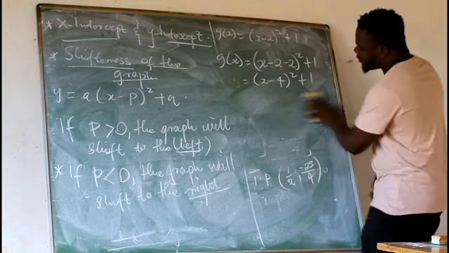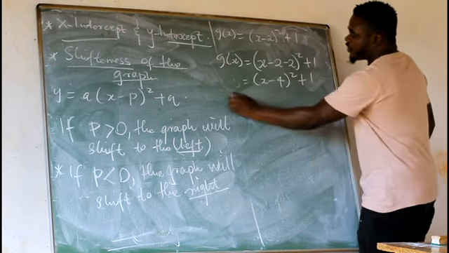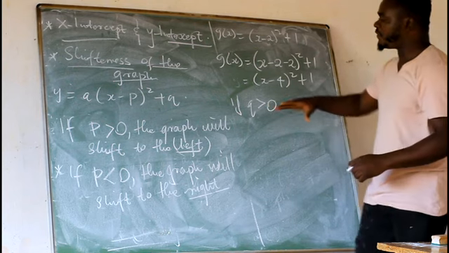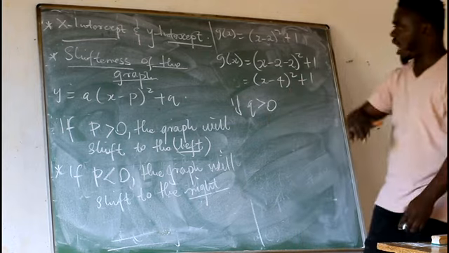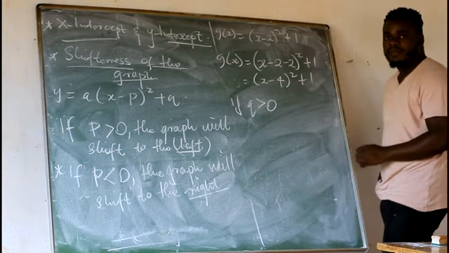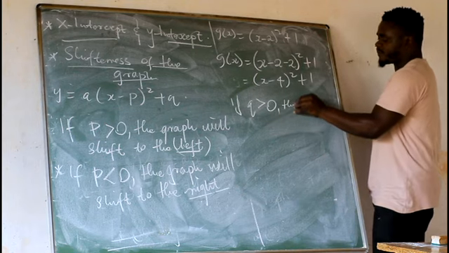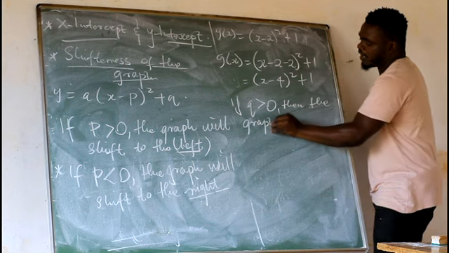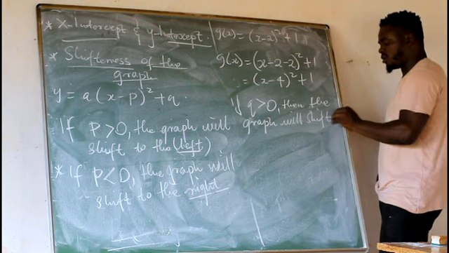Okay, without any wasting of time, let's talk about when q is greater than 0. The graph can shift left or right, or the graph can shift up or down on the Cartesian plane. If q is greater than 0, then the graph will shift upwards.